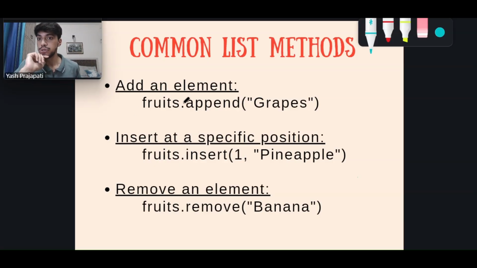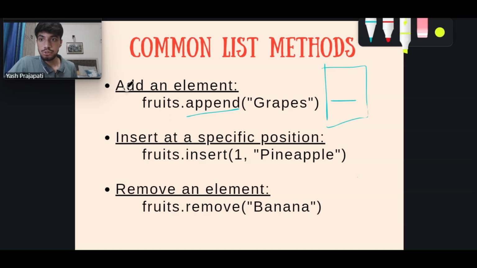Using fruit dot append grapes, we add grapes to our list. For adding, we can use the append function.